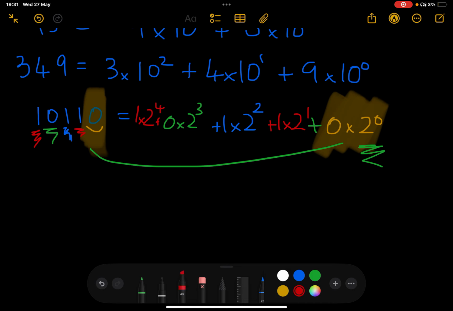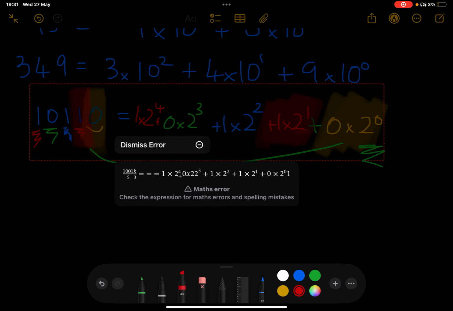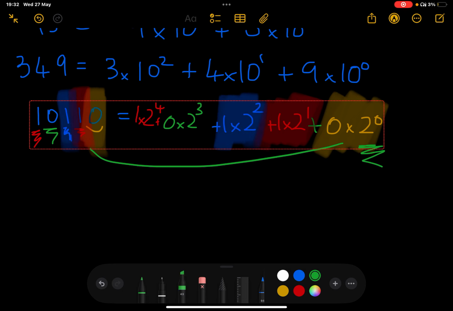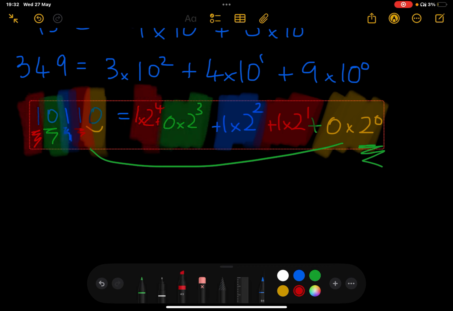Then this next number is multiplied by the next highest power of the base. So we start from 2 to the 0, now we have 2 to the power 1. The next number gets multiplied by 2 to the power 2, then the next number gets multiplied by 2 to the power 3, and this number gets multiplied by 2 to the power 4.